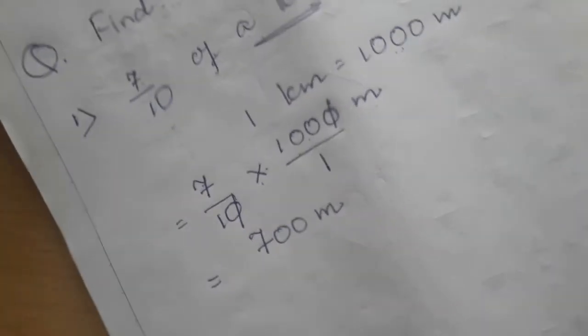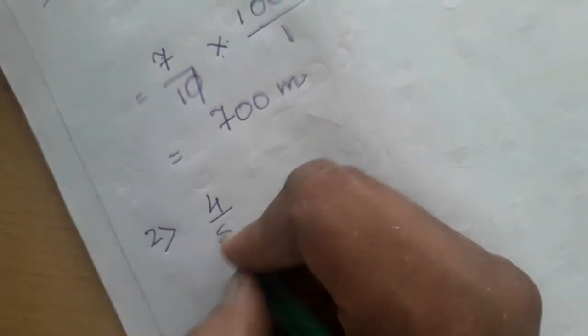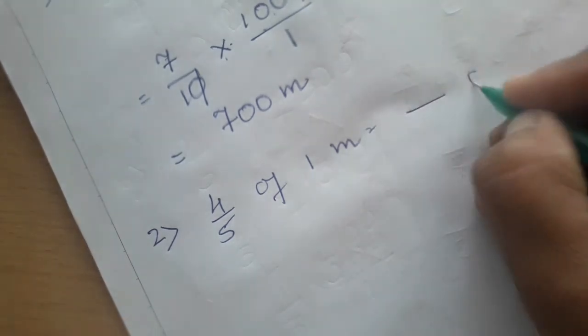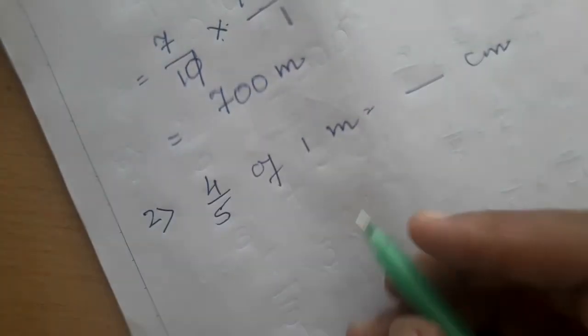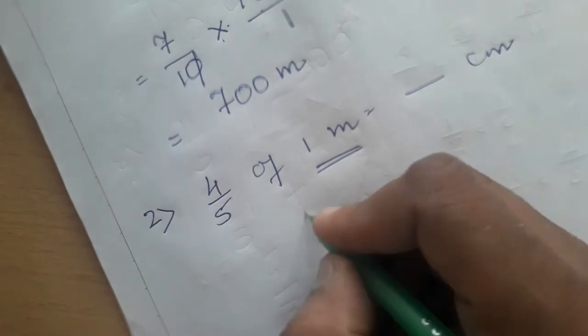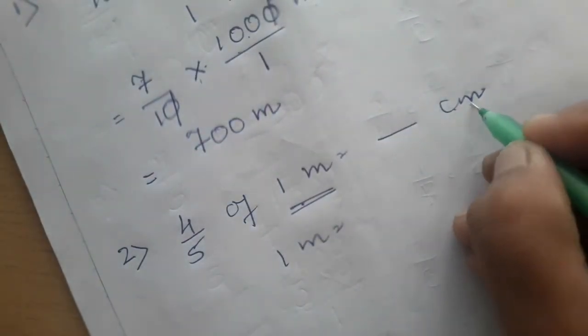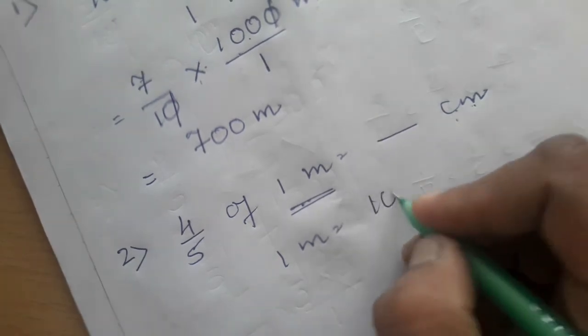Okay. Now suppose the question is: 4 by 5 of 1 meter is blank centimeter. Then the first step I need to think is, 1 meter is how many centimeters. So 1 meter is 100 centimeters. First step.